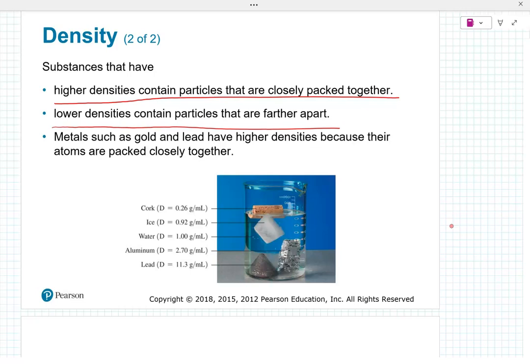Okay? And the density of water is very conveniently measured as 1 gram per ml, or 1 kilogram per liter, or 1,000 kilograms, a metric ton, per cubic meter.